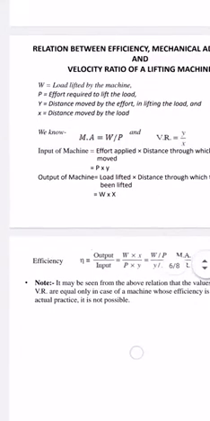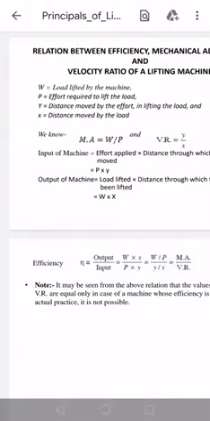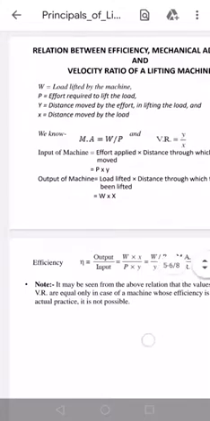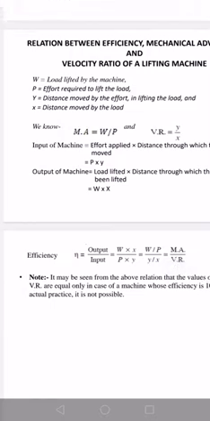We know efficiency. Efficiency is output upon input, where output is W into X and input is P into Y. So efficiency will be W into X upon P into Y. We can rearrange it: W upon P, and now X will come down, so Y upon X. By rearranging we know W upon P is mechanical advantage and Y upon X is velocity ratio.